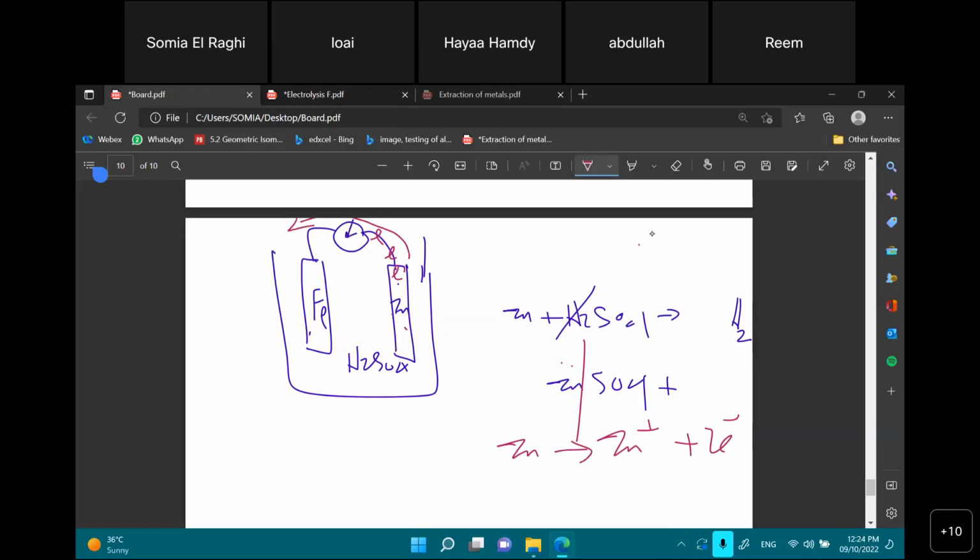One last statement regarding this chapter: the most reactive one in a voltaic cell acts as the anode. Just memorize it: its charge is negative. The cathode, in this case, is the less reactive one, and it will be positive. It is the opposite of electrolysis.